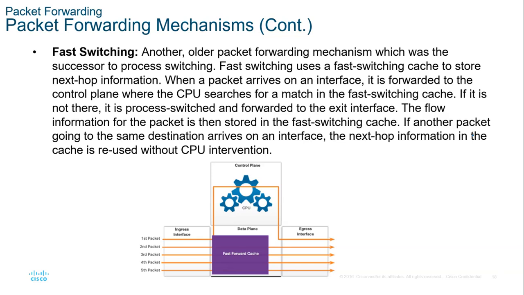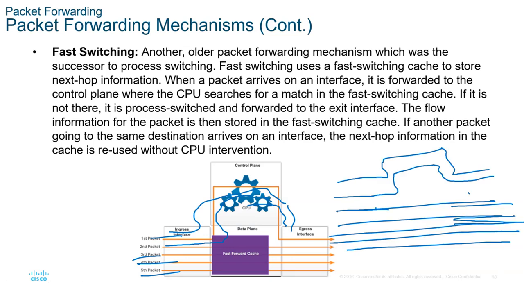So the first and second packets go through the CPU and are processed, but since the other packets are going to the same destination, they won't. So it's okay.